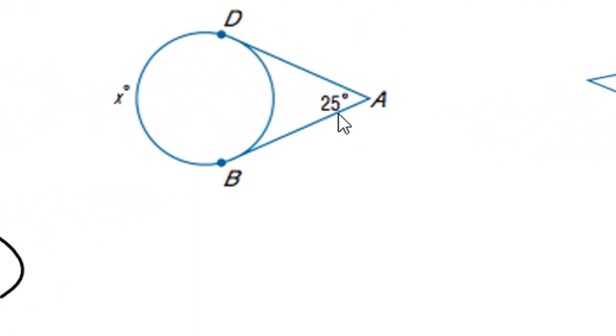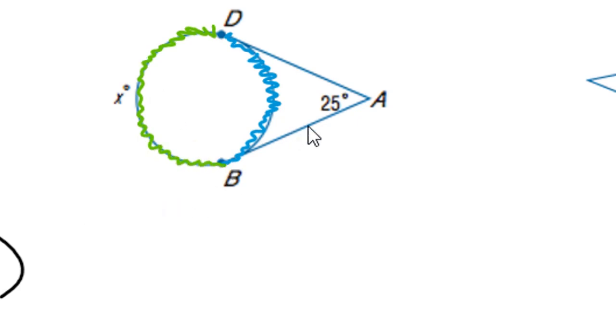Okay, so we have that this angle here, angle A, intercepts the small arc which is this one over here. So from D all the way over to B. And then the large arc is from D all the way over to B. So a major arc.